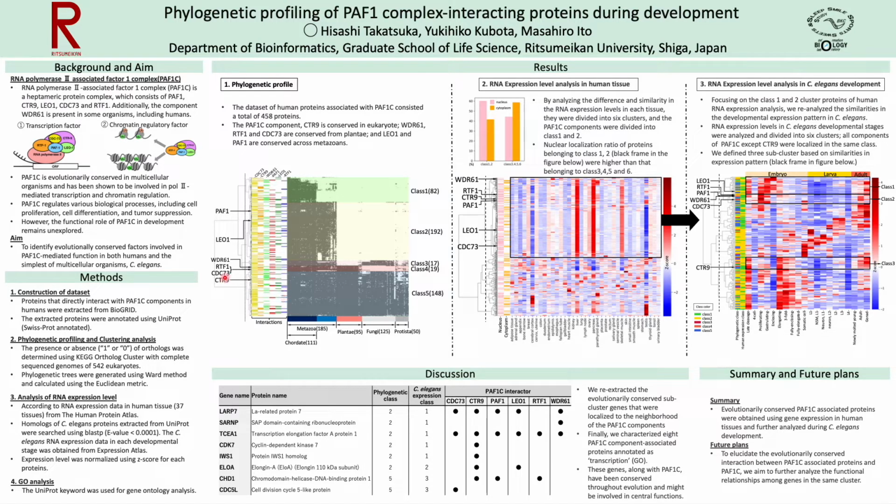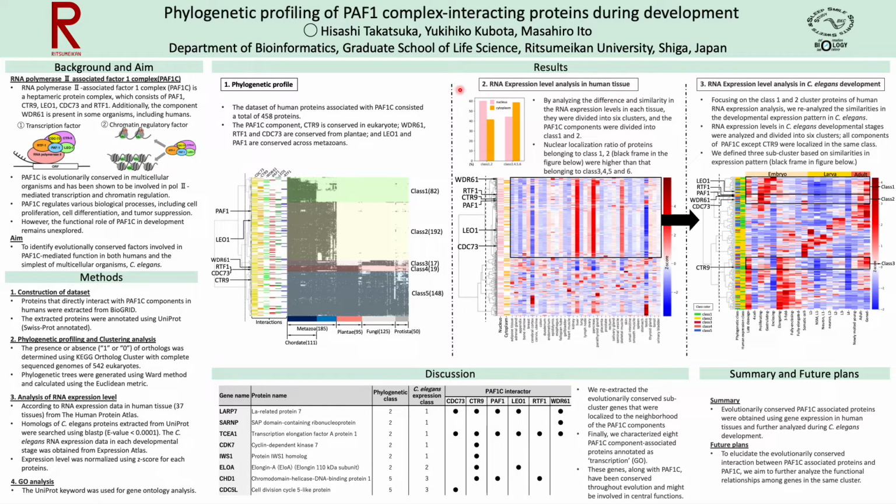WDR61, RTF1, and CDC73 were conserved in plants. LEO1 and PAF1 were conserved across metazoans. These results suggest that the largest molecule, CTR9, has been conserved for a long time, and other factors may be important for the acquisition of evolutionary diversity in animals.